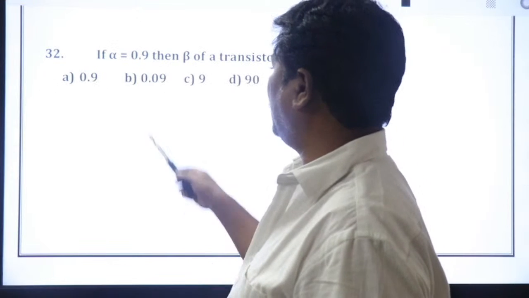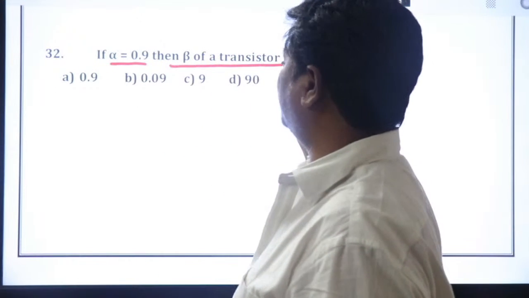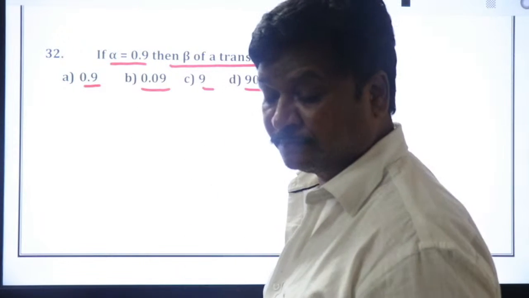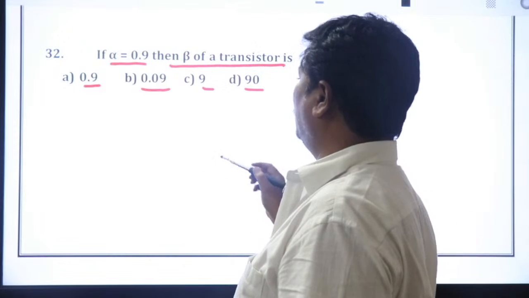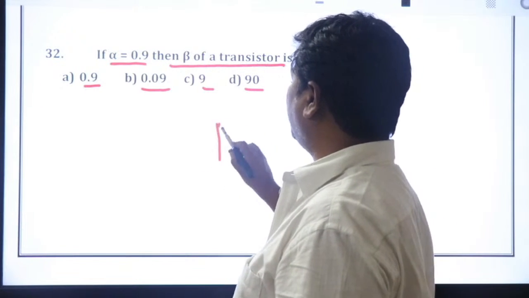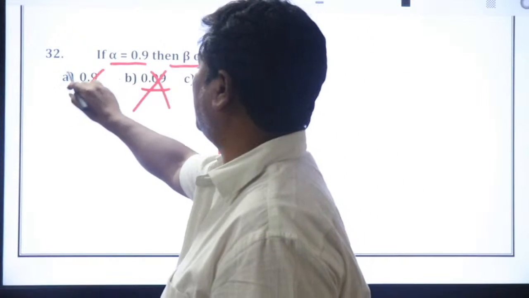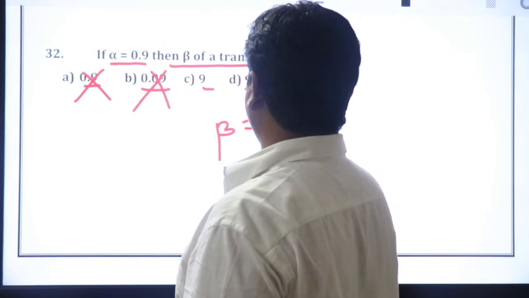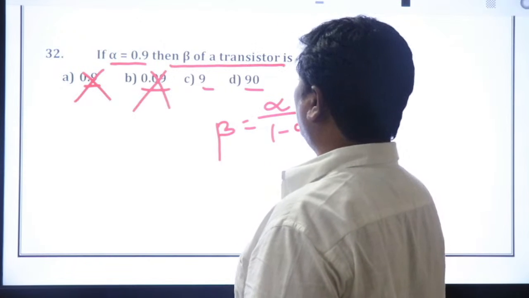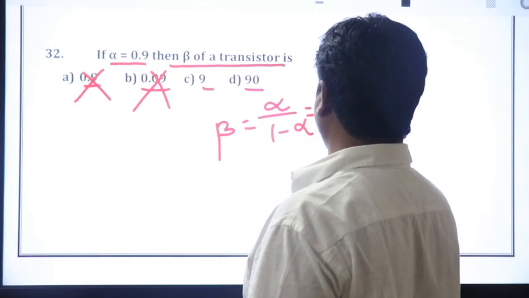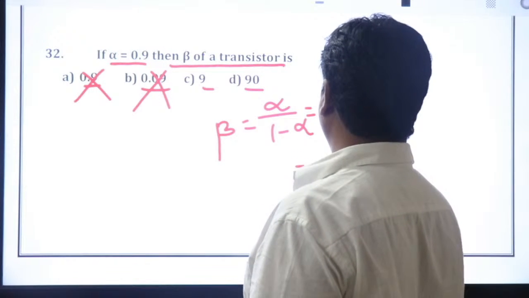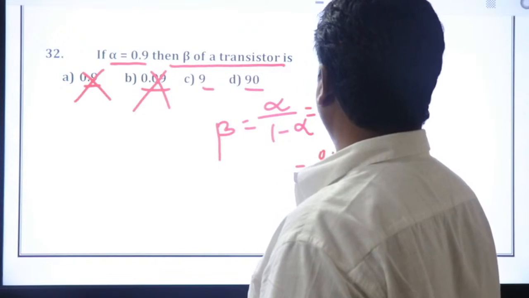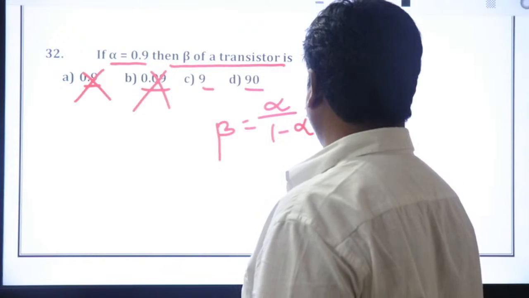If alpha is 0.9, the beta of the transistor is? So what is beta equal to? Beta is always greater than 1, so these options are wrong. Only these two we have to decide. Beta is equal to alpha by 1 minus alpha. Alpha is 0.9, so 0.9 divided by 1 minus 0.9. 1 minus 0.9 is 0.1.